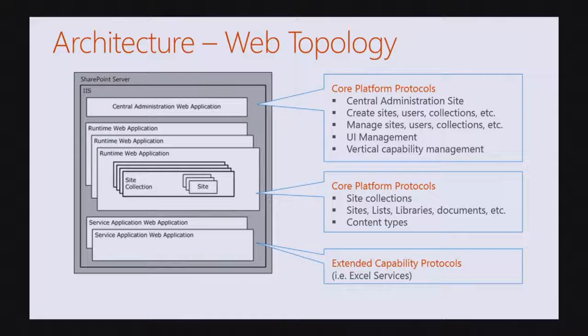And the extended capabilities live in IIS as service application web applications. Here is where we see Excel rendering, Visio web services, all the insights that I mentioned to you before, and also the ability to store PowerPoint slides and other types of libraries that are available today.